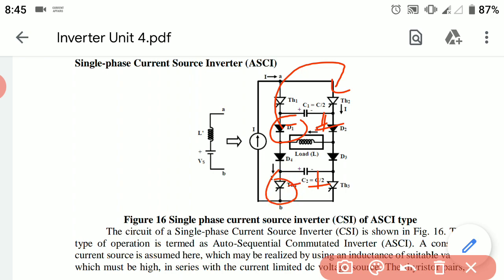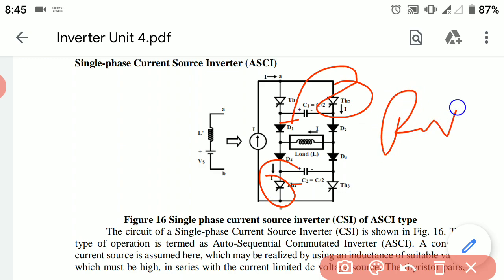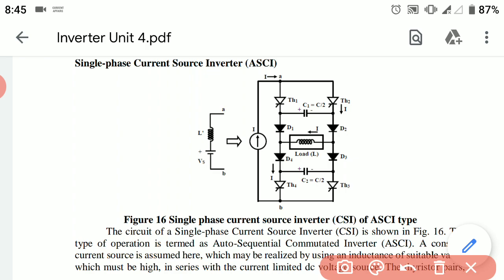So due to these negative potentials, thyristors TH2 and TH4 will be reverse biased and they will be turned off.